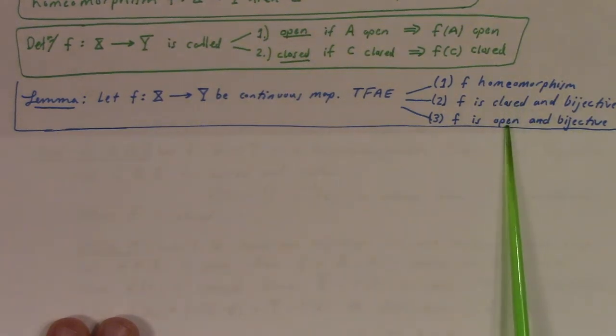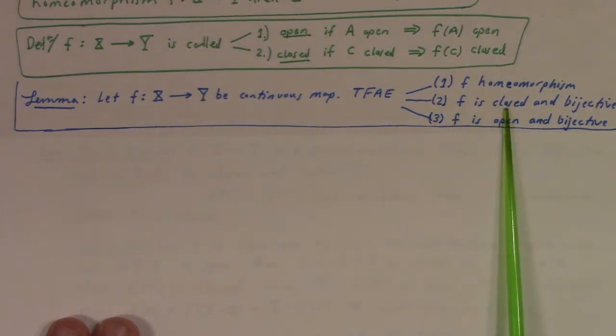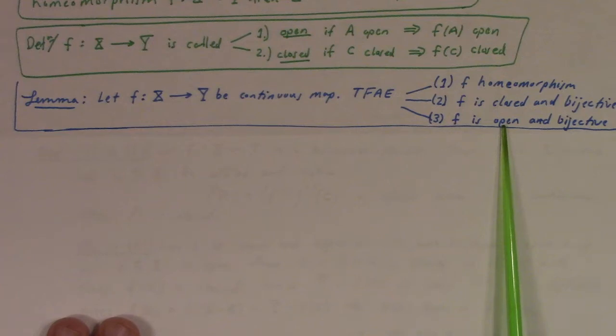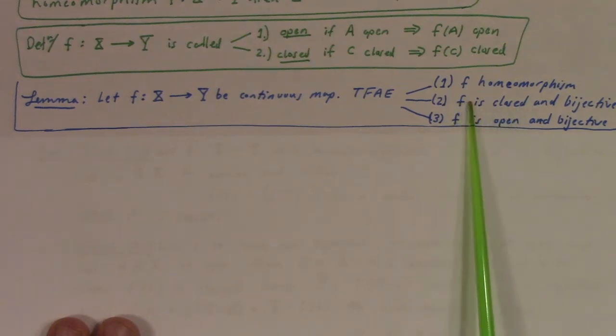Once you think about it for a second, it's kind of silly, because F being closed is essentially tantamount to saying that the inverse map takes closed to closed, and F being open means the inverse map takes open to open. So this is just a kind of thin veneer over the continuity of the inverse map.